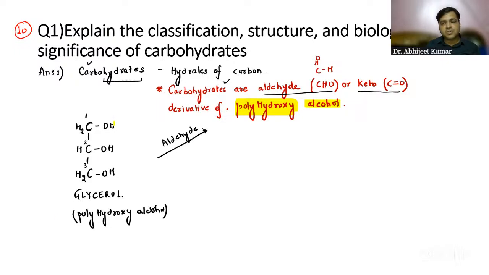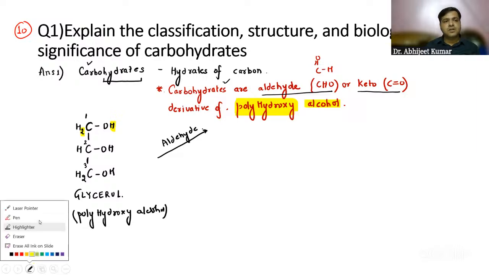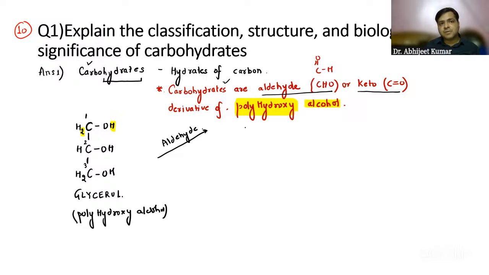I will be removing 2 hydrogens over here, one from here and one from here. If I remove 2 hydrogens, the first carbon will be left with only oxygen, and out of the 2 hydrogens, only one will be left. So we have 1 H, and the rest of the structure remains the same, right?